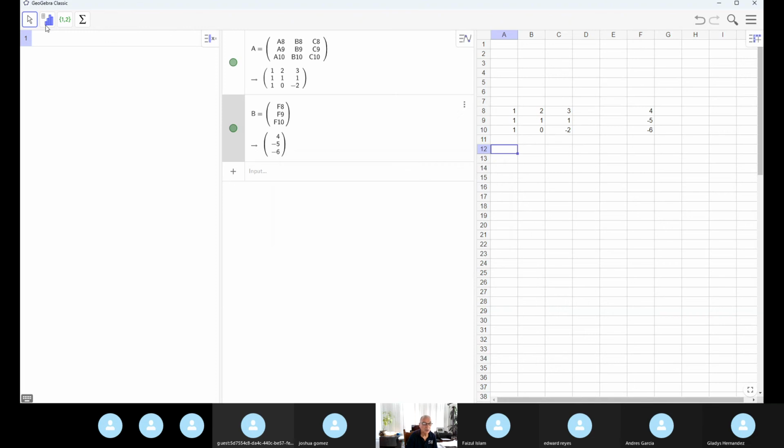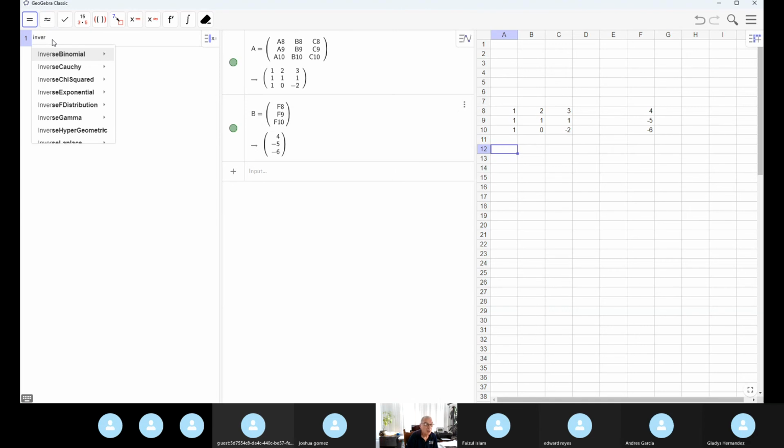I go to the CAS. In CAS you put invert, I don't know, invert. Invert is the name. I don't like this name. Invert of what? Of a matrix. What matrix? A matrix. And this is the inverse matrix.